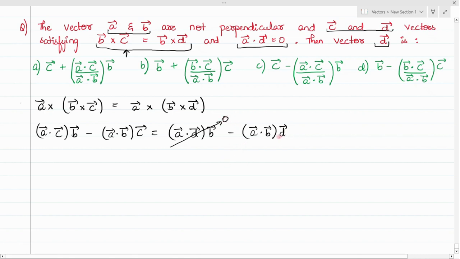Now we need to find the vector D in terms of B and C. Just multiply this by A dot B, and bring the negative sign on this side. A dot C by A dot B of B vector, and now plus A dot B by A dot B, which is nothing but 1, C vector is equal to D vector. So if you carefully see, option C will be the correct answer to this question.